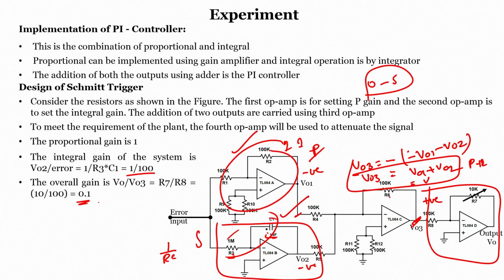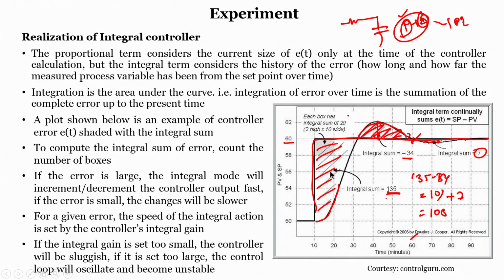What about the phase? When you observe the error, let us take the set point 60, and 60 minus 50 is 10.